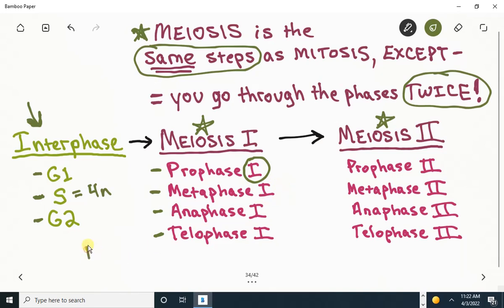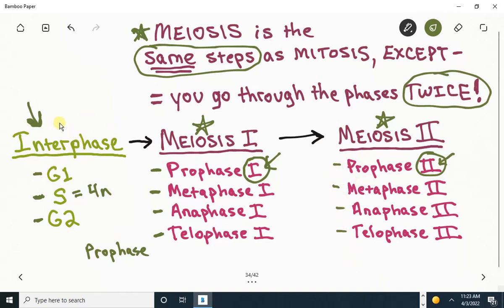Like in mitosis, you would just write prophase. And if you just say prophase, everybody knows that you're talking about mitosis. So for meiosis, you have to specify: prophase 1 or prophase 2, or for any of the other phases, metaphase 1, metaphase 2, anaphase 1, anaphase 2, telophase 1, or telophase 2.